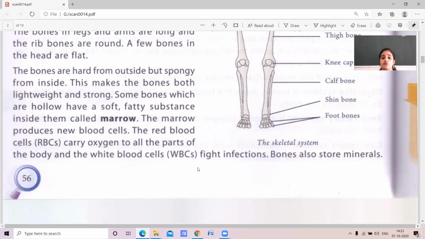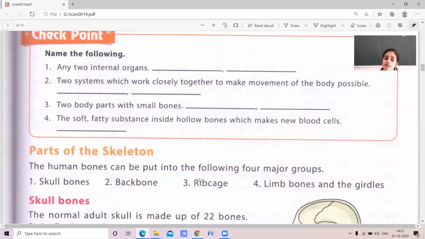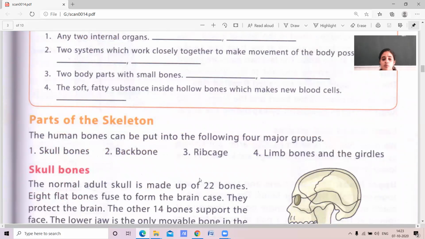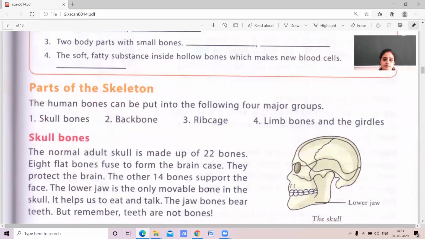The main function of red blood cells is to carry oxygen to all parts of the body, whereas white blood cells fight with infection or disease-causing agents. So these RBCs and WBCs are produced inside the structure we call marrow. Bones also store some minerals.